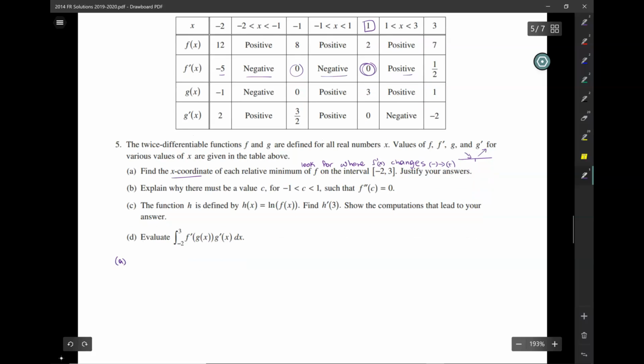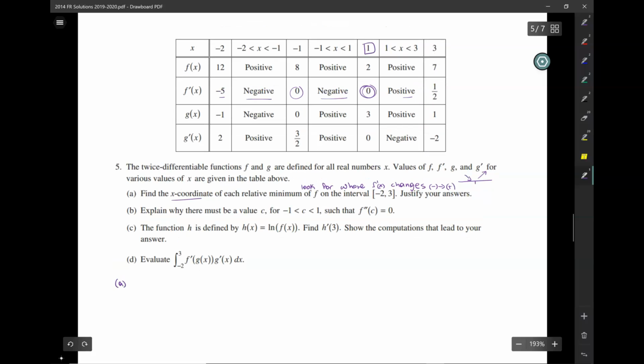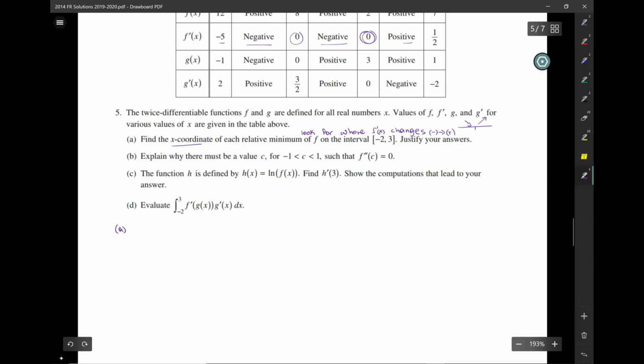So we are going to say x equals 1 is a relative minimum because f prime of x changes from negative to positive.